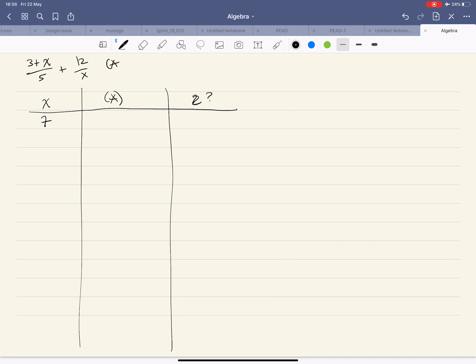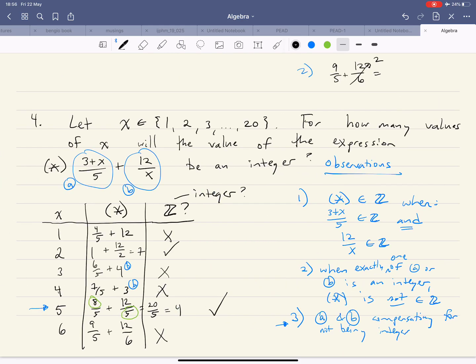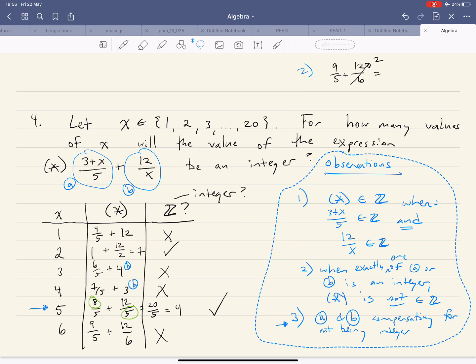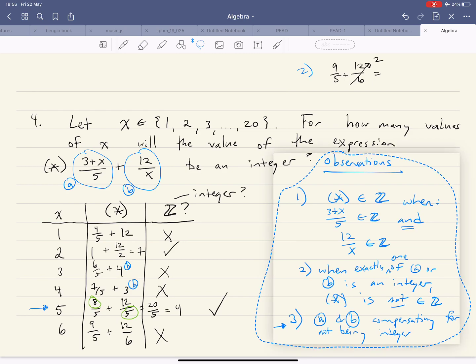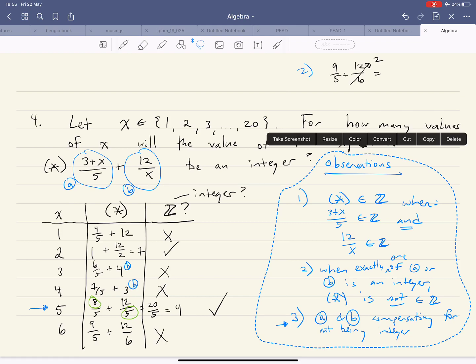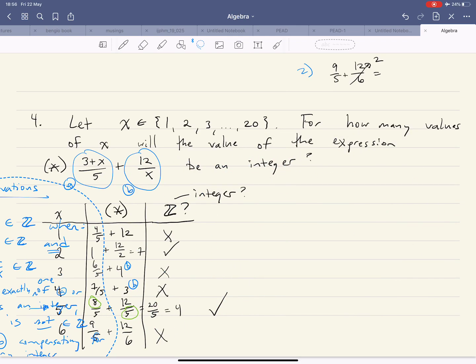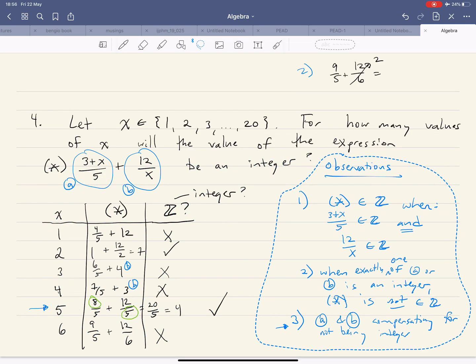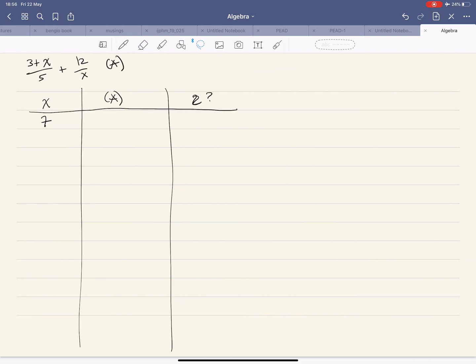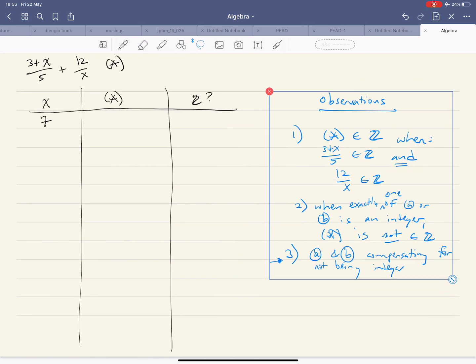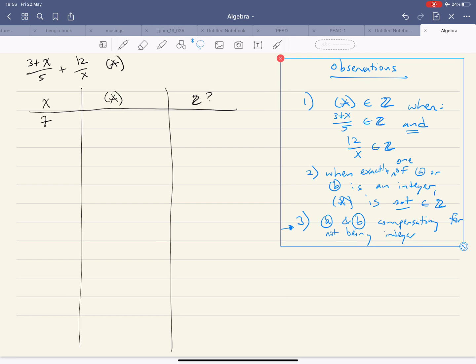This is star. And then I want to copy our observations over so we don't lose track of those. And then here are our observations so far. Okay.